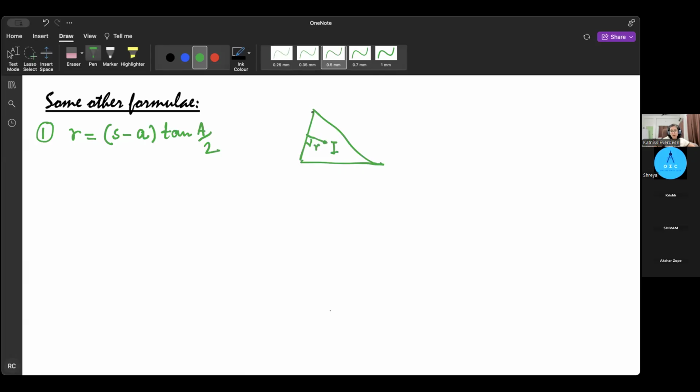So this is your small r, and if this is the tangential circle, then this is s minus a. And this angle is a by 2 because it's the incenter. So tangent of a by 2 is equal to r by s minus a. So yeah, r is s minus a times tangent of a by 2. Done.